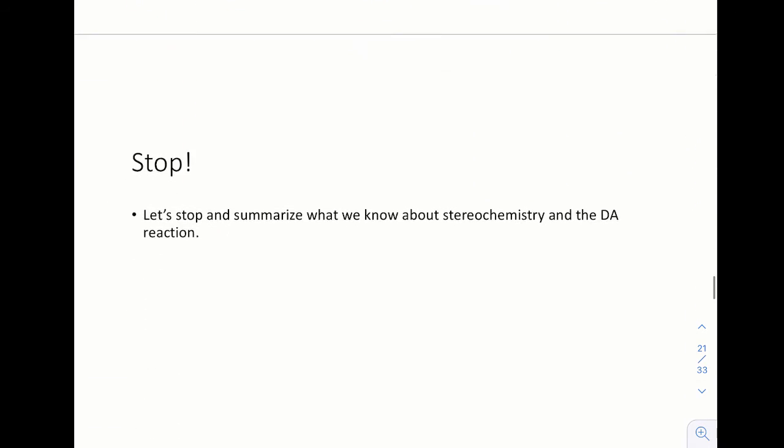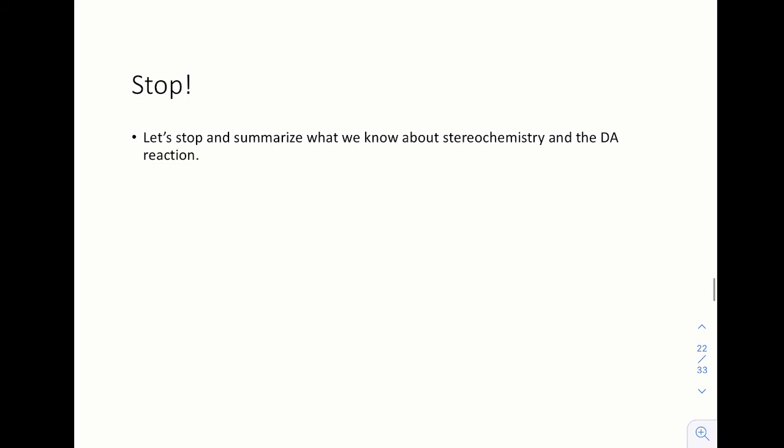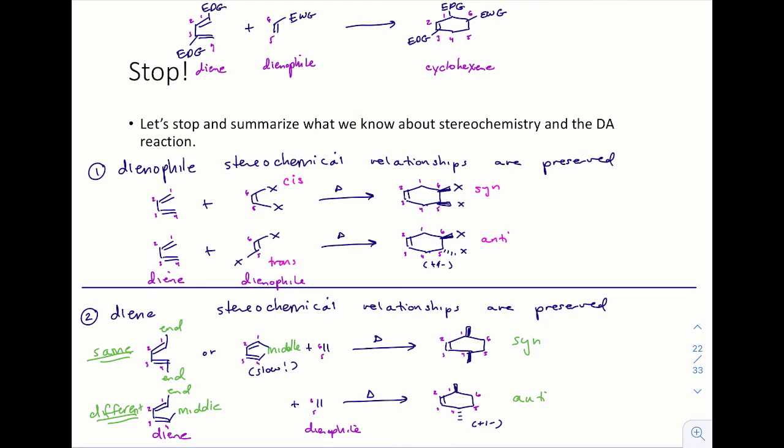We've learned quite a bit. I would say now is a good time to stop and summarize what we know about stereochemistry and the Diels-Alder reaction. In a normal electron demand Diels-Alder, a diene, usually with electron donating groups, reacts with the dienophile, typically with electron withdrawing groups. Now we did learn that the dienophile can be an alkyne.